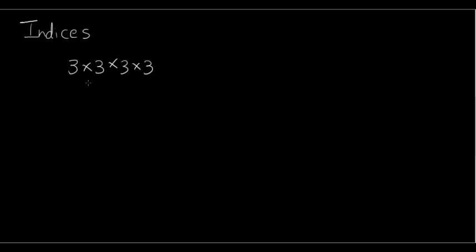So if you remember, for example, 5 plus 5 plus 5, plus 5 again, the short way of writing that is 5 times 4. Okay, so if we have something like 3 times 3 times 3 times 3, the short way of writing that in index notation is 3 to the power of 4.